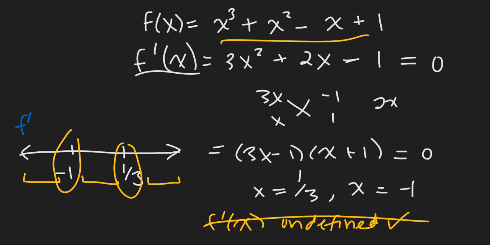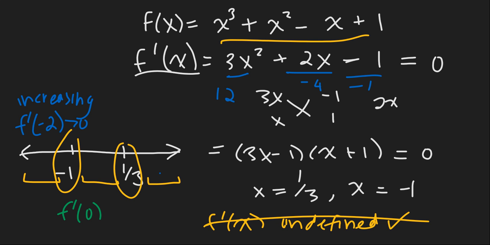So what we can just do is plug it in. So first, we plug in -2. This is going to be 12. This one's going to be -4, -1. This is positive, which means that this point in the graph is increasing. Here, just put in a value, I'm going to do f prime of 0.